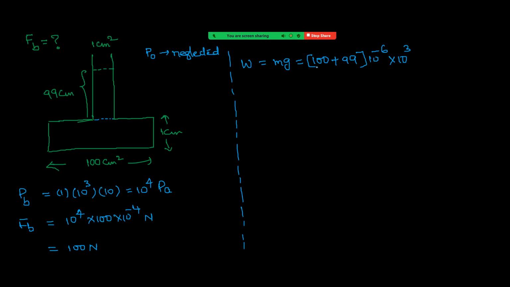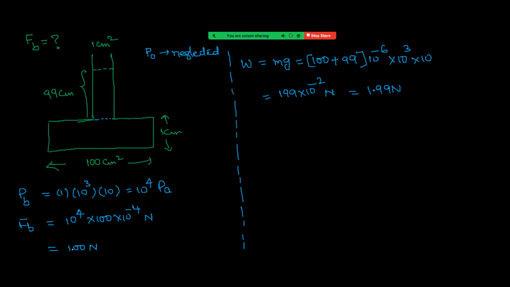So this gives mass of water, into g. That gives us the weight of the liquid. See how much we get: 10 power 3, 1, 10 power 4, remaining here 10 power minus 2. This is 199 into 10 power minus 2 Newton, or it is 1.99 Newton. This is the weight of the liquid.